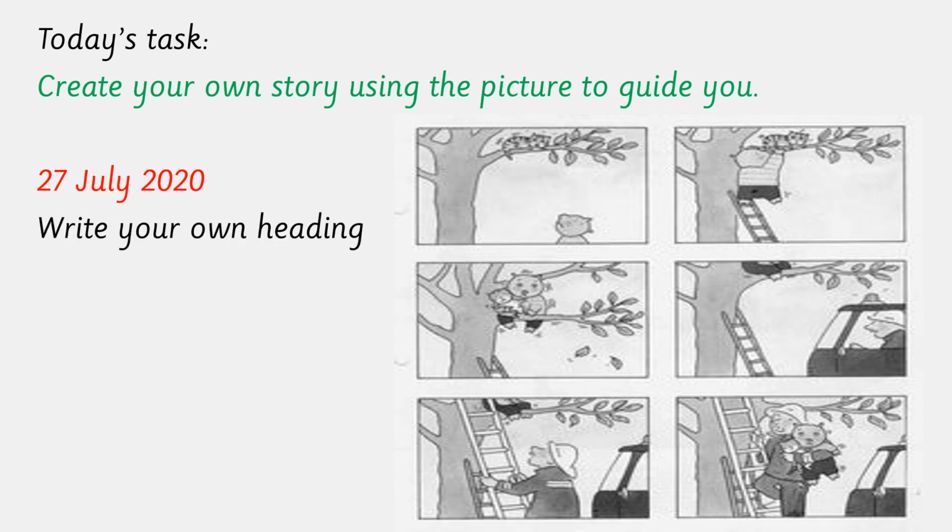So please write the 27th of July 2020, and you are going to make up your own heading for the story. So I'm not going to give you a heading. You must create your own heading. You are the author of the story. What are you going to call the story? So write your date and your heading for me, please, now.